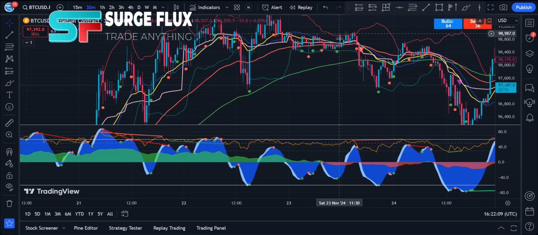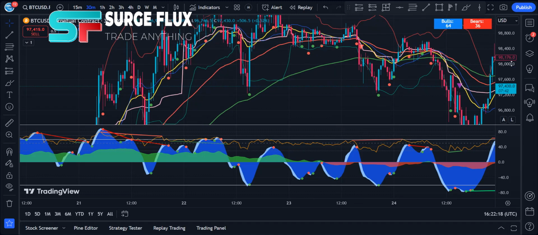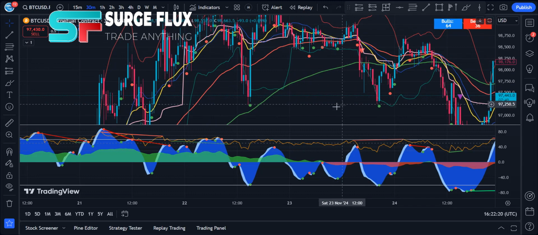But if it's compressed like this, it's very risky to take a trade. Still, if you entered here, for example, on this dot, and you would exit right there, right? But because it's so compressed, it doesn't make it that profitable. Of course, it depends on how much leverage and how much money you're using.